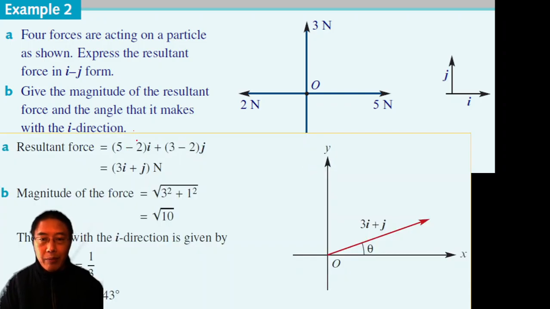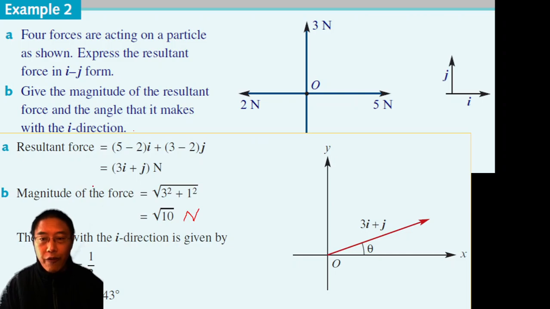You combine them and simplify, that gives you 3i plus 1j for the resultant force. I'm a little bit suspicious about that N as a unit. I know it's in newtons, but it's kind of inconsistent with the vector notation. Anyway, that N actually should be here for sure.